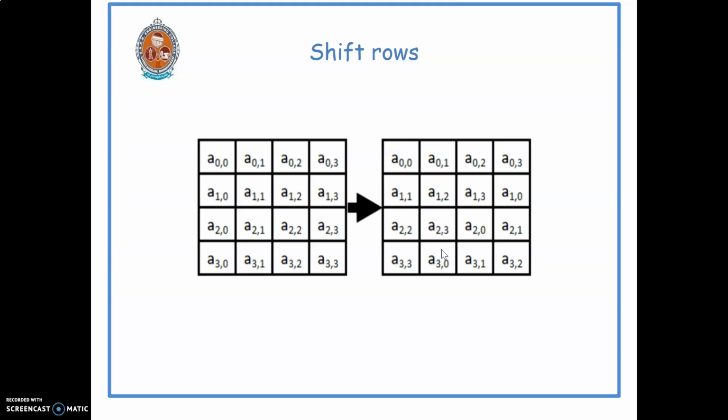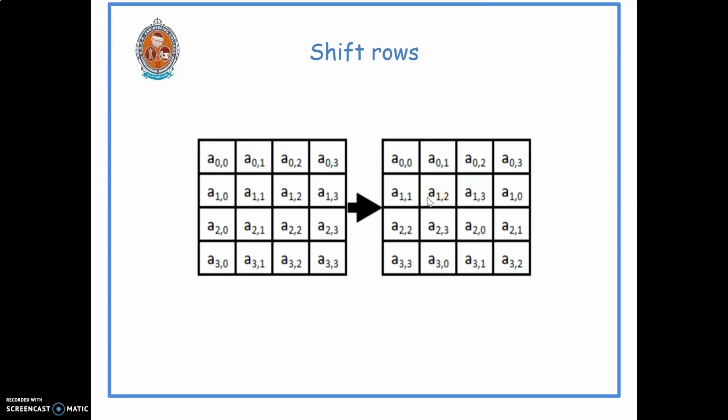Shift rows. Each of the 4 rows of the matrix is shifted to the left. Any entries that fall off are reinserted on the right side of the row. The shift is carried out as follows. In the first row, there is no shift.